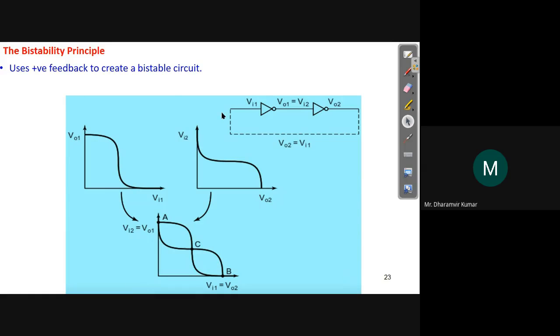Basically, all the sequential circuits have the concept of memory in them. So how to create a memory? The concept that is used for creating memory in the circuit is the positive feedback concept.